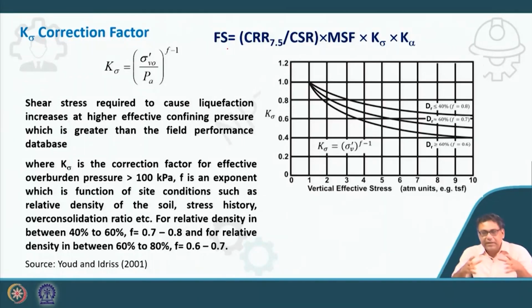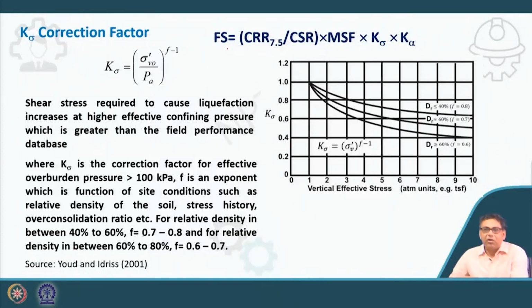Sometimes we can see that for higher confining pressure, the stress required to cause liquefaction increases, but that confining pressure is actually greater than the field performance database. So that's why for higher confining pressure, we are getting a higher factor of safety, because the stress required to cause liquefaction increases.